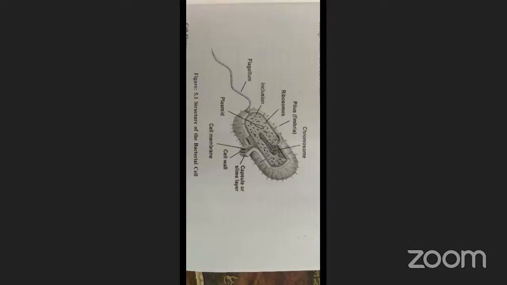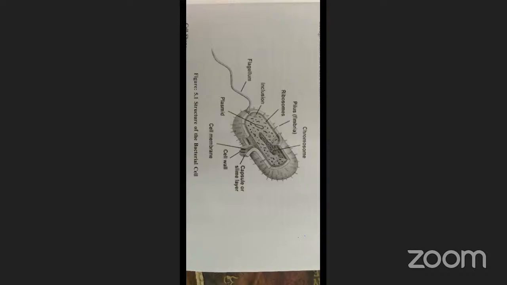So next, the nutrition and growth of bacteria. We know that for the growth and nutrition of bacteria, the minimum nutritional requirements are water, a source of carbon, a source of nitrogen, and some inorganic salts.